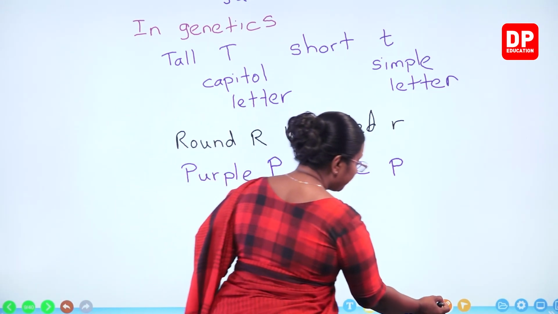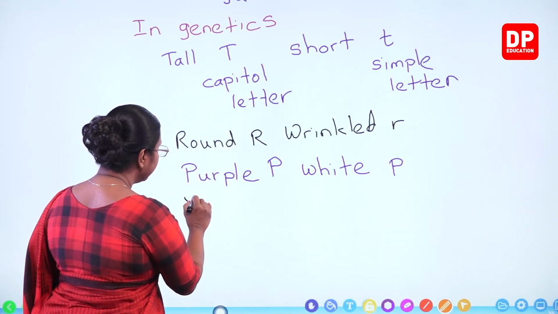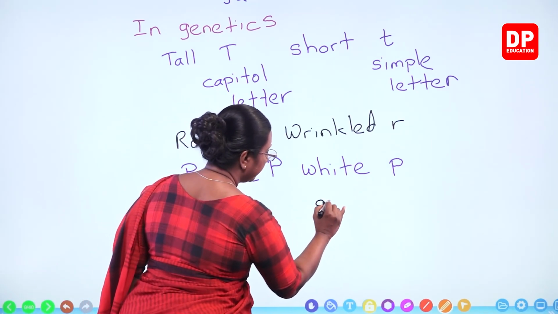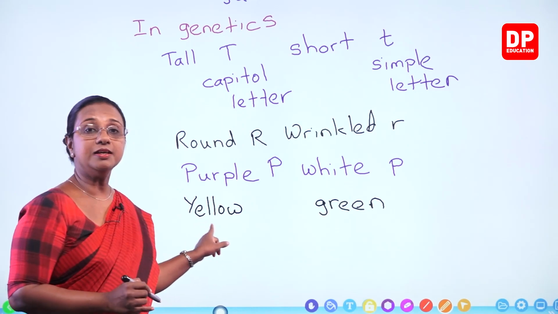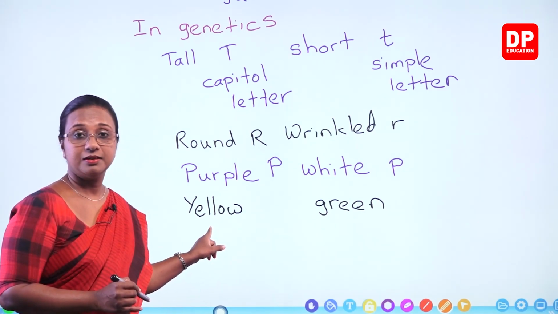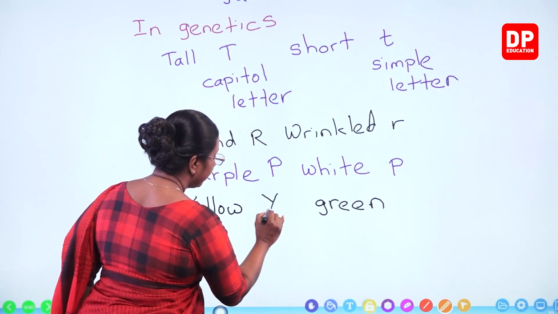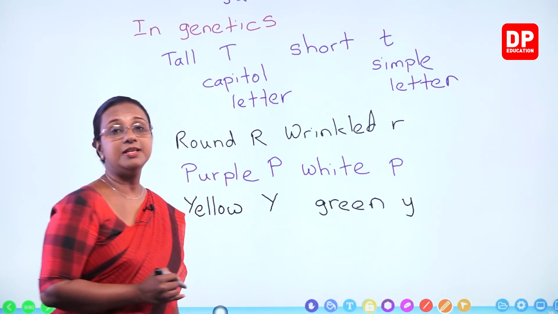Now, another example. If we take, say, yellow and green seeds. Yellow is the dominant character. So, we use capital Y for yellow seeds and simple y for green seeds.